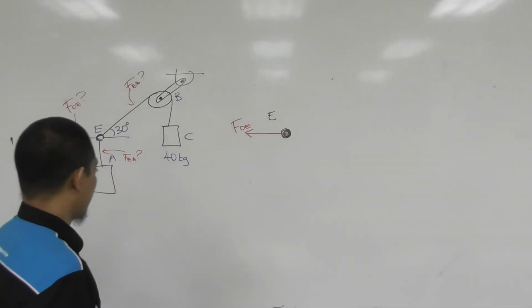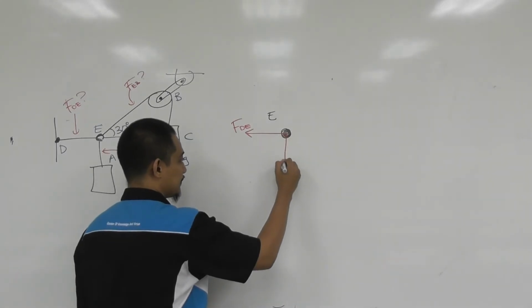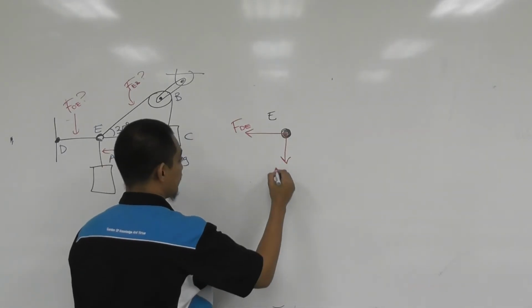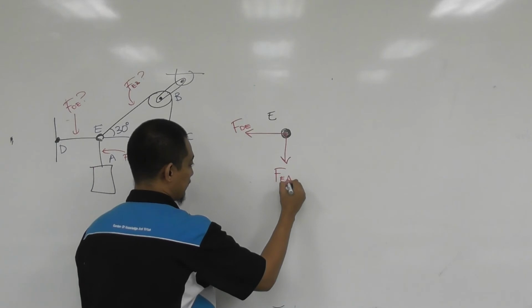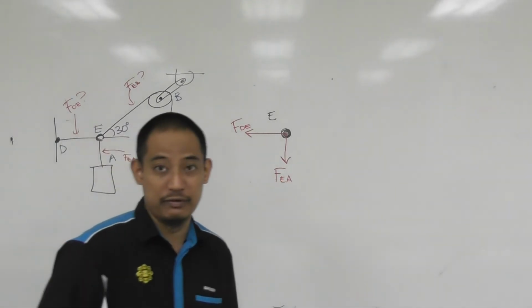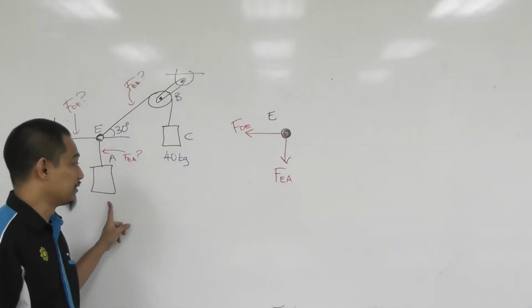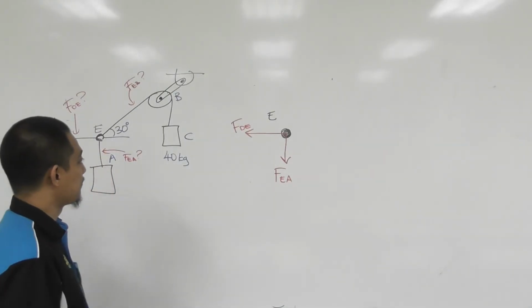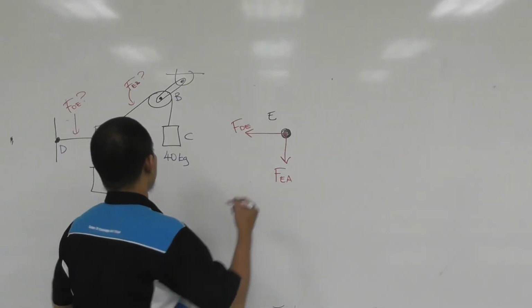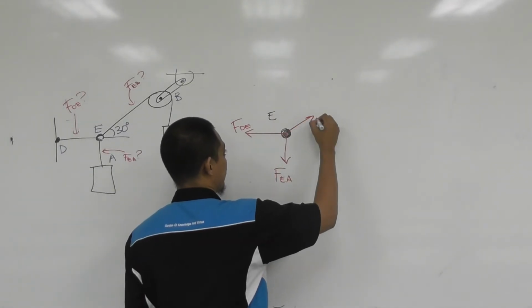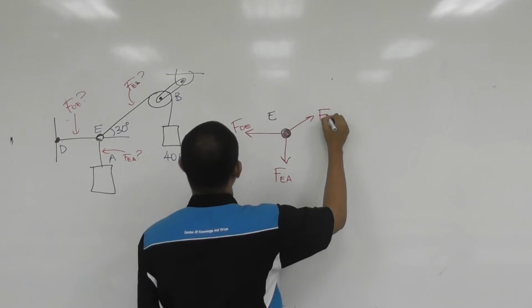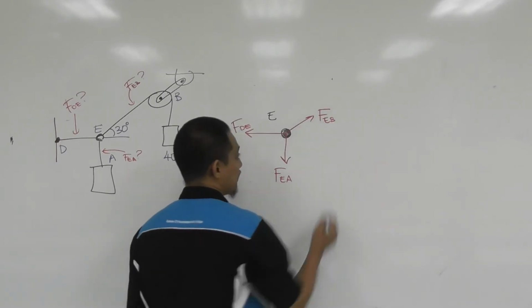And going down here, we have FEA. We do not know the value at this current point because the question does not give any value here. And here, it will be something like this, FEB.